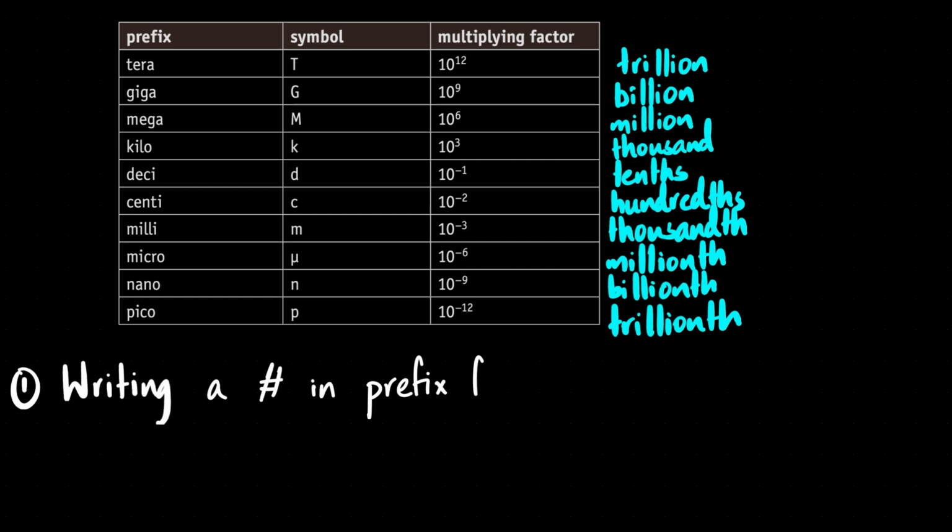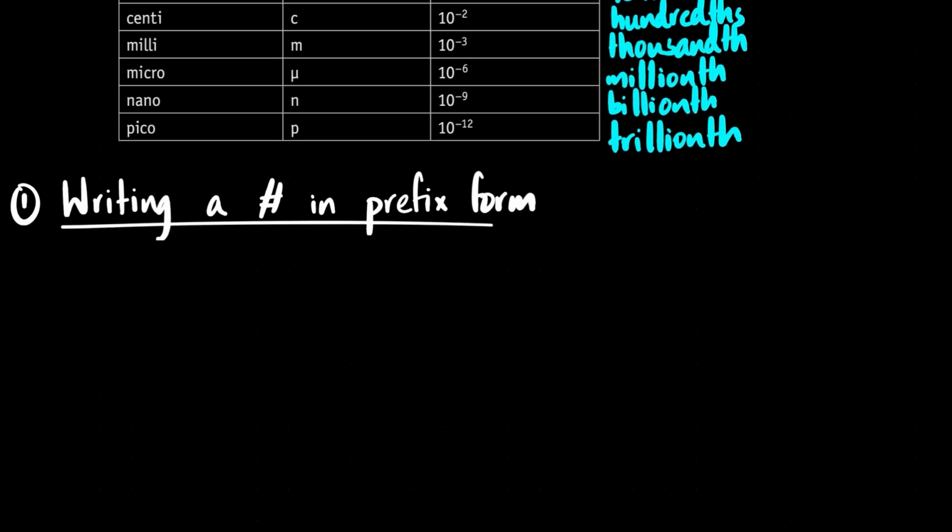If you have a normal number written, how would you write that in prefix form? That's what we're going to talk about now. And the rule for this is very easy: whenever you want to write a prefix, divide by the value of the prefix, and you just write that number.